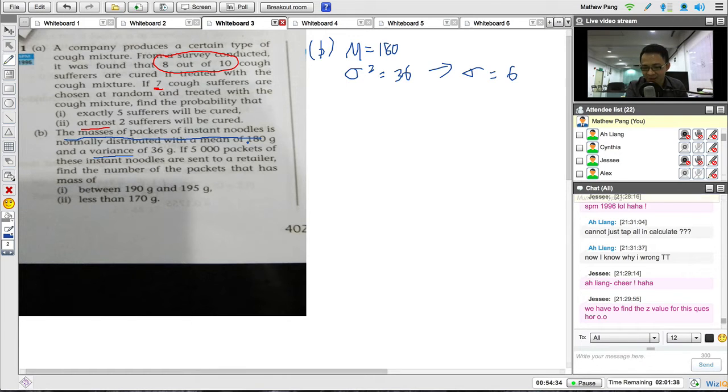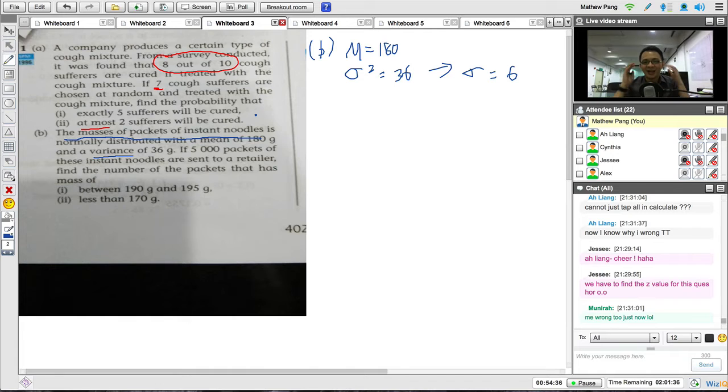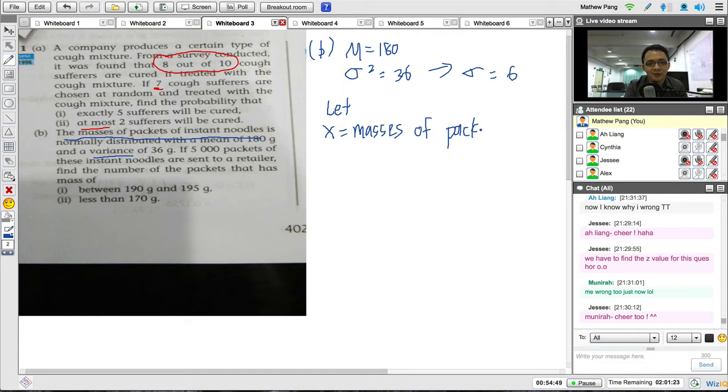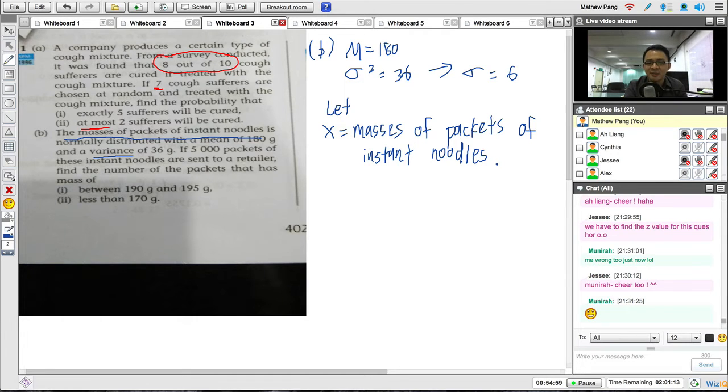But you see carefully how I copy the first sentence. I always say the first sentence is X. So I let X equal to the mass of a package of instant noodle. I always copy down the first sentence, because it's easier to make myself understand the question.